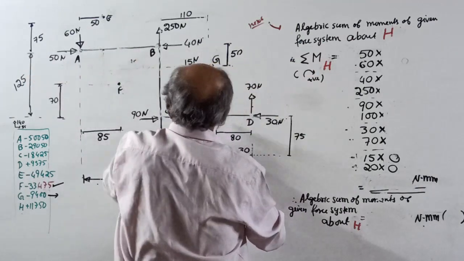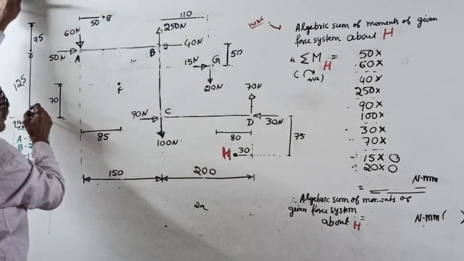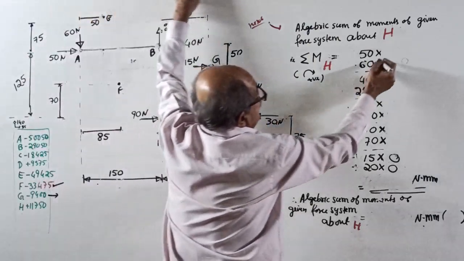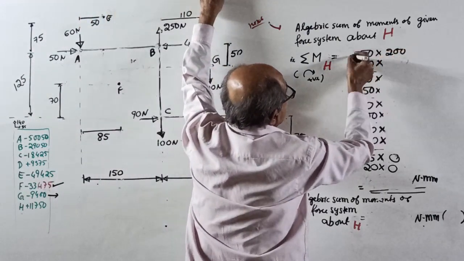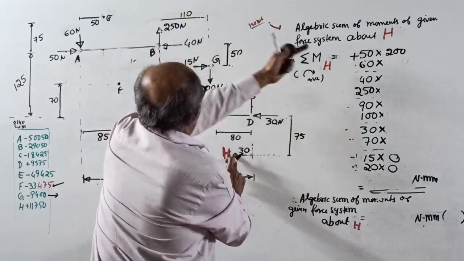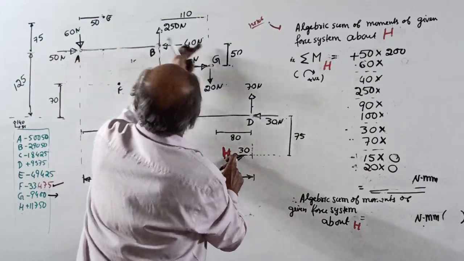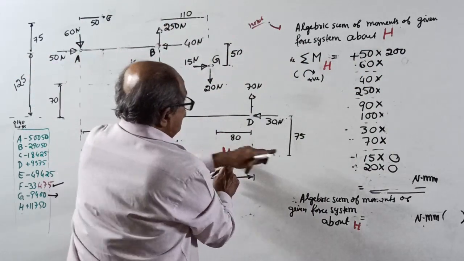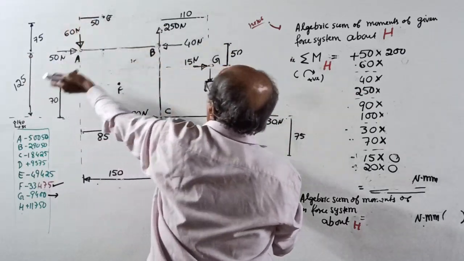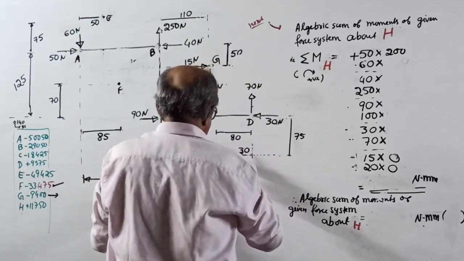50 into this distance is 125 plus another 75, 200. 50 into 200 is clockwise. See here, about H, 50 into, from the H point to this line perpendicular is 75 plus another 125, 200, clockwise. 60 into 150 plus 200.